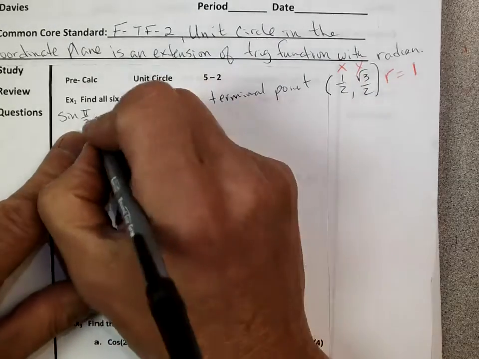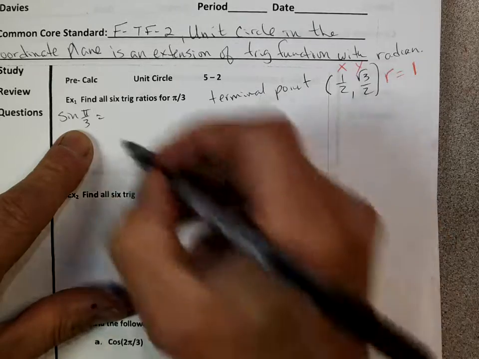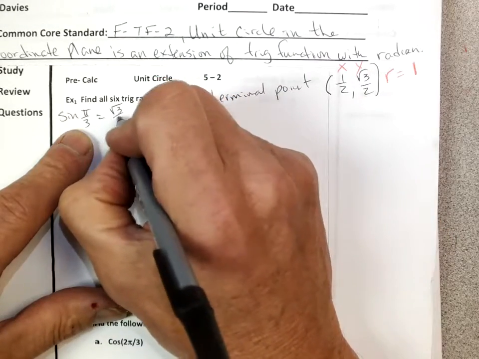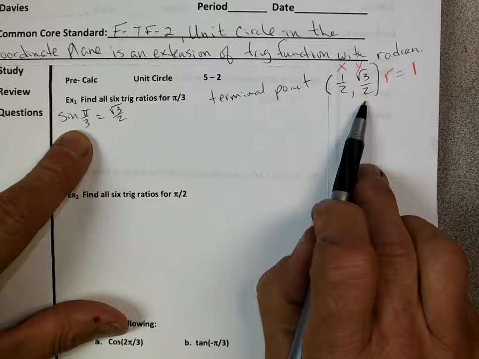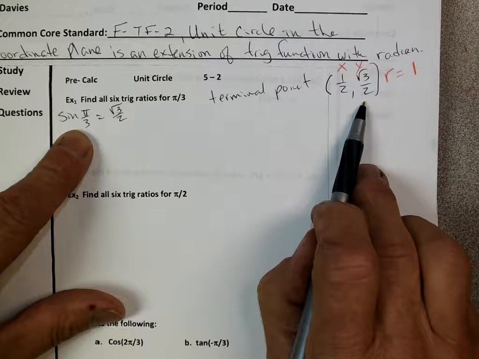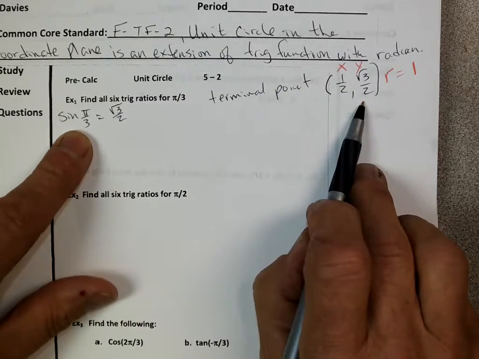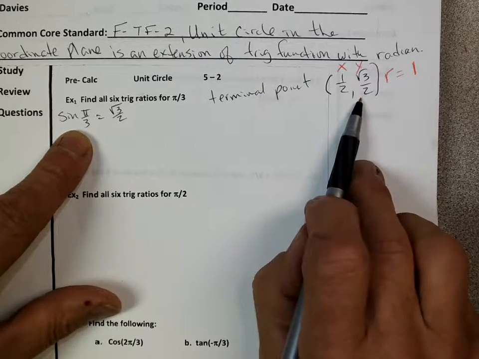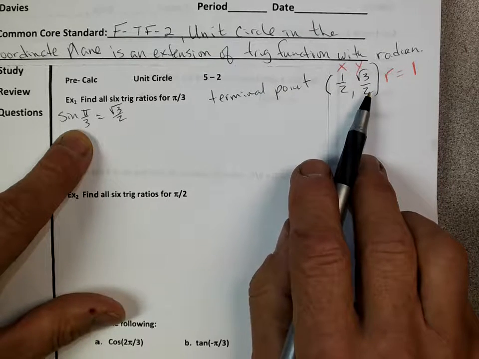So, sine is just the y value of my point. Square root of 3 over 2. That's the answer. You will not get this answer on your calculator. You'll get a decimal, and I'll mark it wrong. Can you? If you have a real fancy calculator, you can, but you have to have a really good calculator to get that answer, okay? Like you have to have a TI-92 or something equivalent.